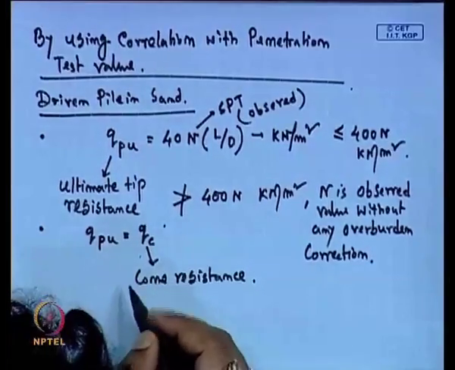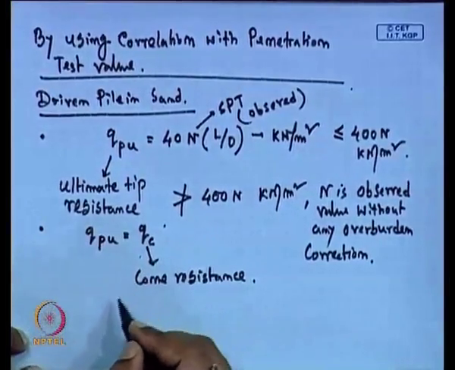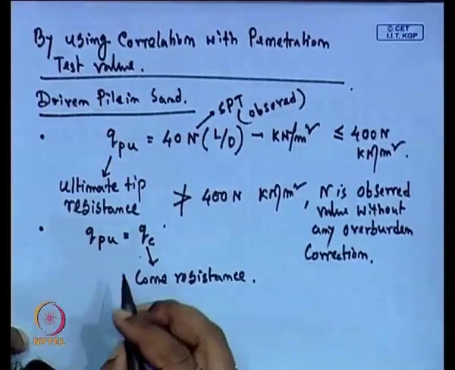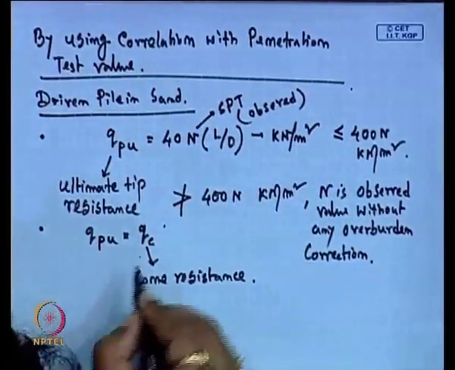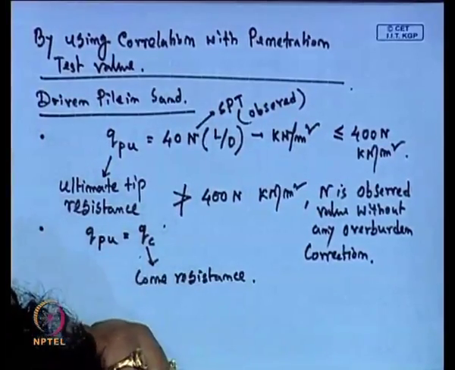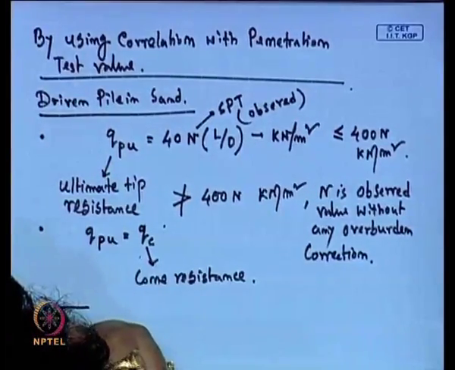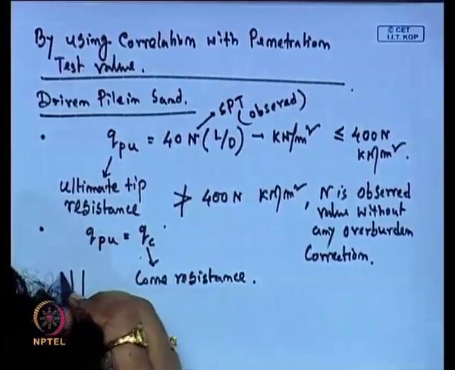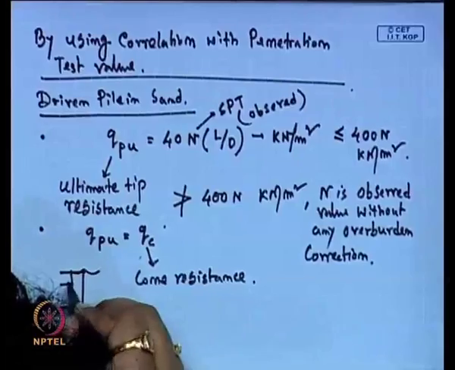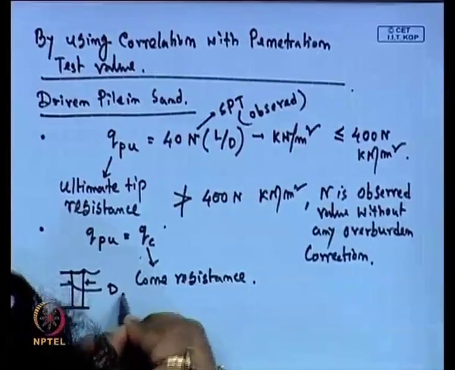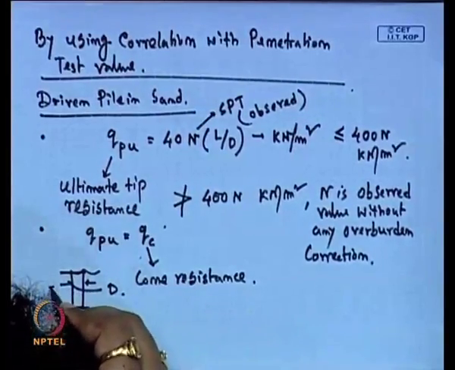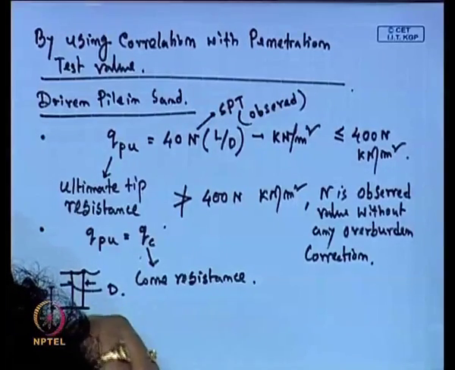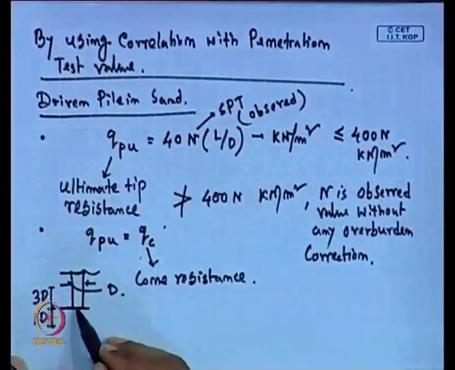Now, Q C is taken as the average value of Q C over a distance 3D above and 1D below the level of the pile tip. Suppose this is the pile tip portion and the diameter is D. We take the average value over this 3D and 1D, with this being the tip.